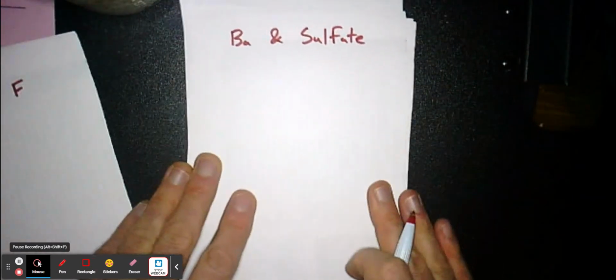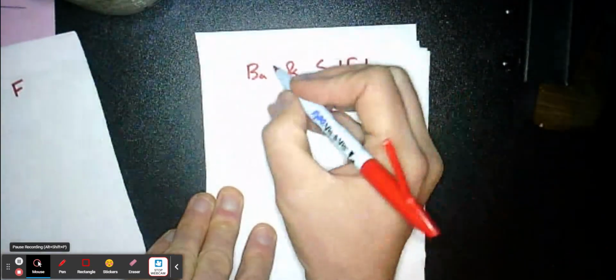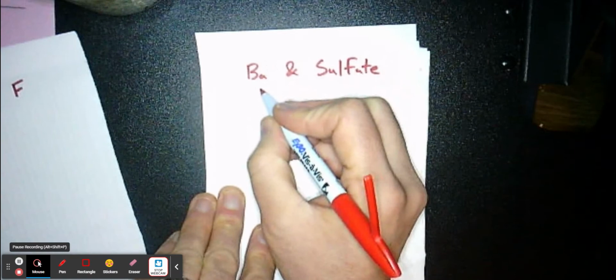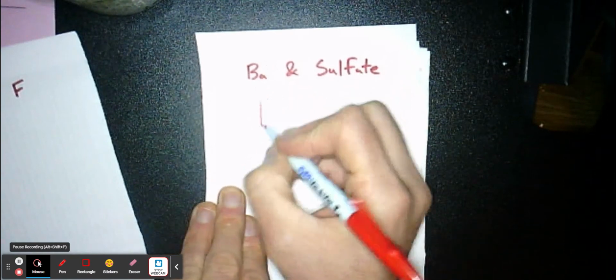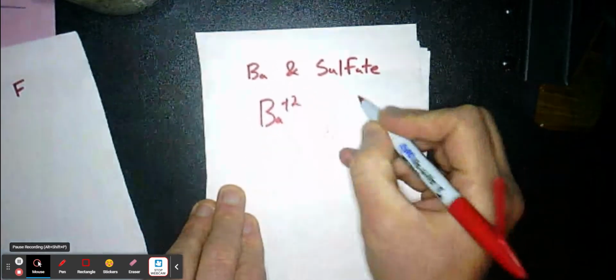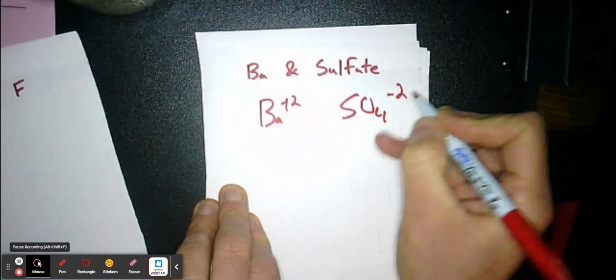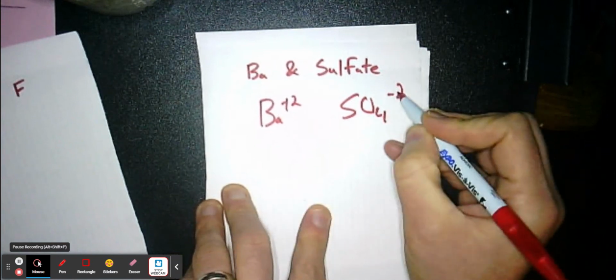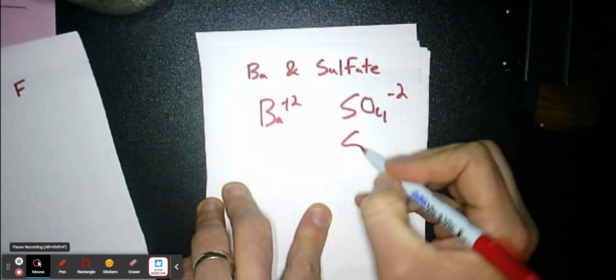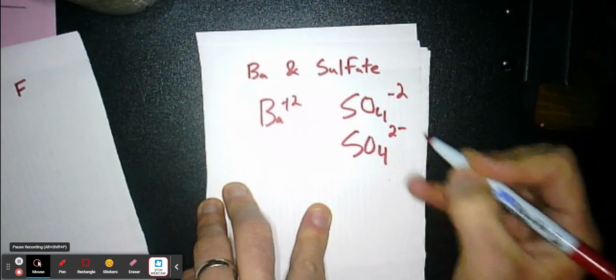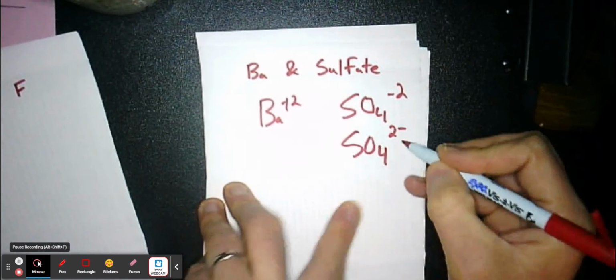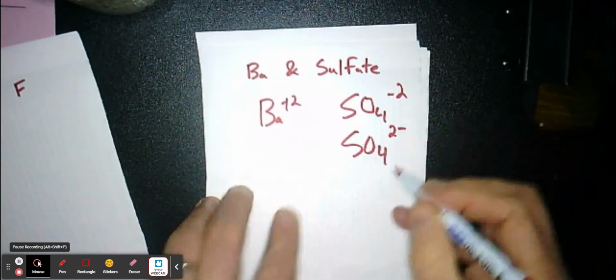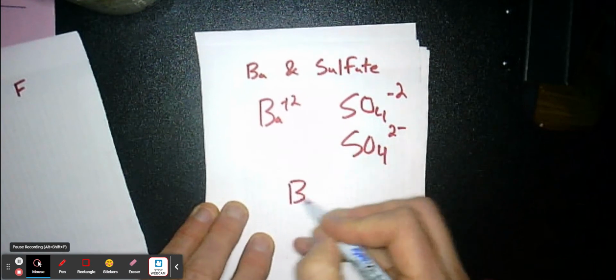Okay, barium sulfate. Barium is in group 2, and it's a +2. Sulfate is SO4 -2. It's a polyatomic ion, and sometimes I write it like that. Sometimes it's written like that in the book. This superscript is just the charge. What's that going to equal out to?